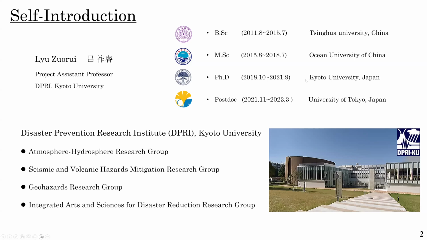First, I want to give a very brief introduction. I was born in China, and I got my bachelor's and master's degrees in China, and then I went to Japan to get my PhD, and then stayed in Japan to study waves and water wave related research.